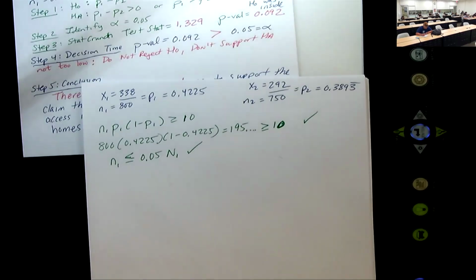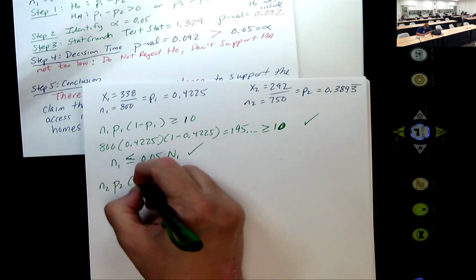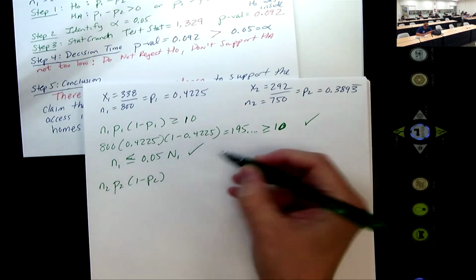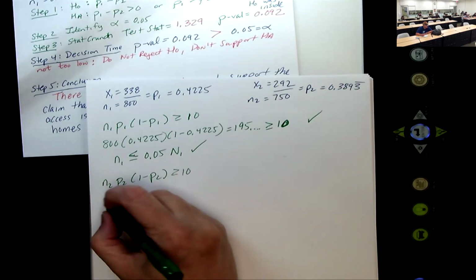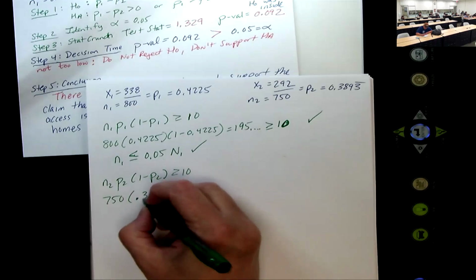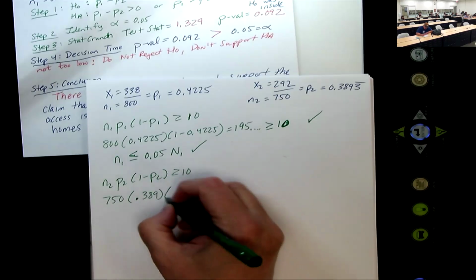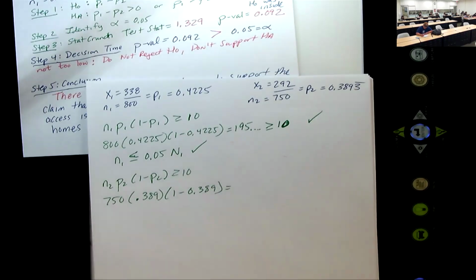Then I'll do N2 times P2 times 1 minus P2. Is that greater than or equal to 10? 750 times 0.389 times 1 minus 0.389. What does that equal?